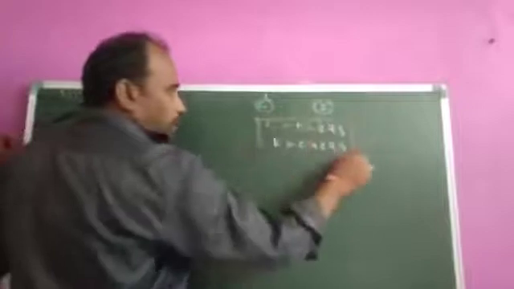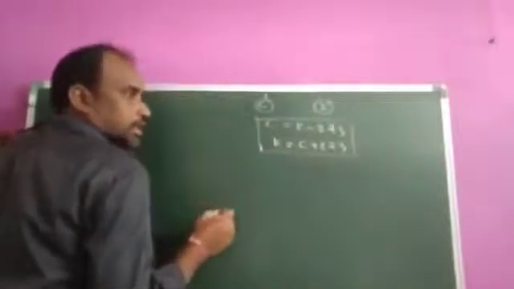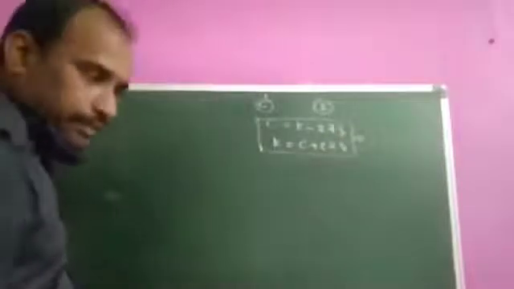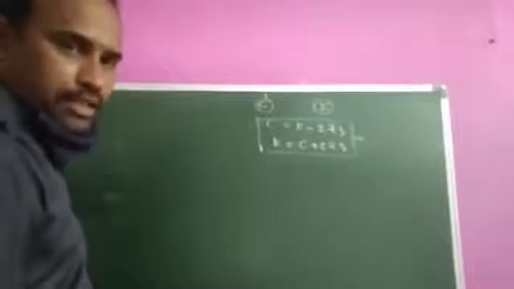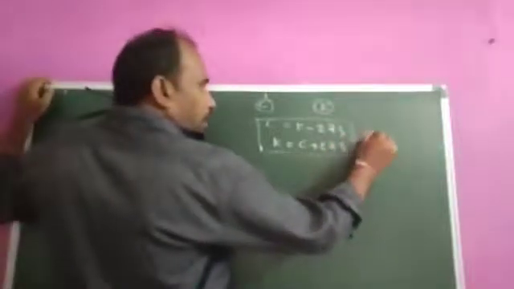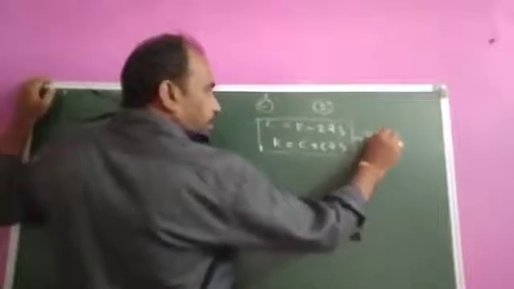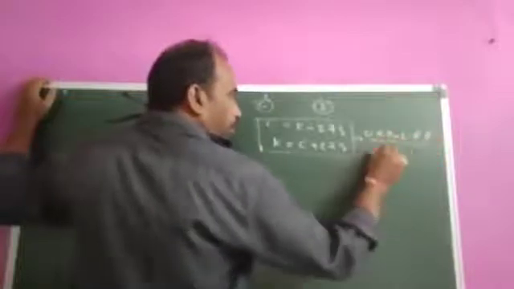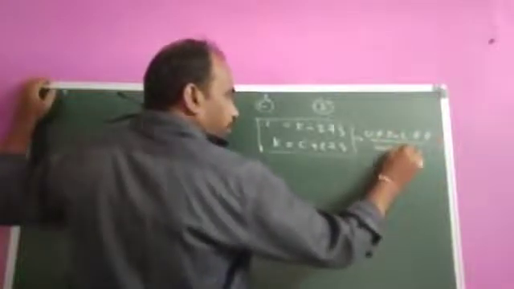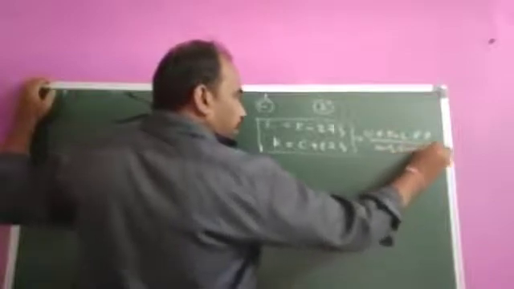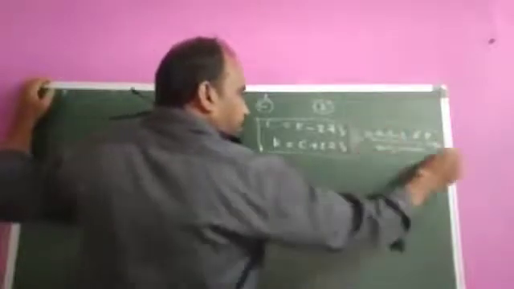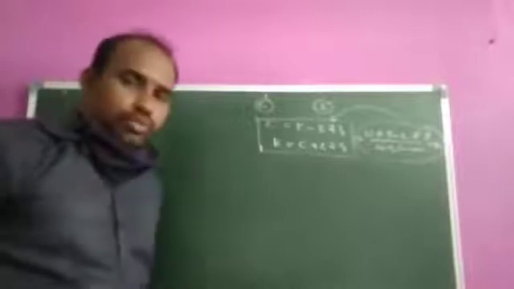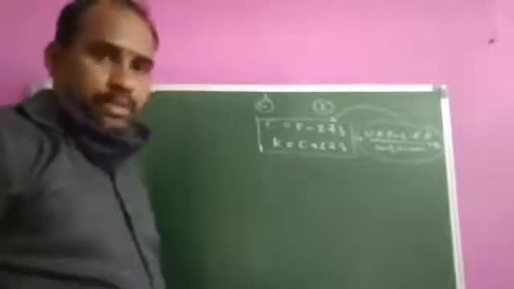The formula that is common for all the temperature scales is: upper fixing point minus lower fixing point, divided by the number of divisions, is equal to some constant K. Based on this formula we derive C is equal to K minus 273 and K is equal to C plus 273.